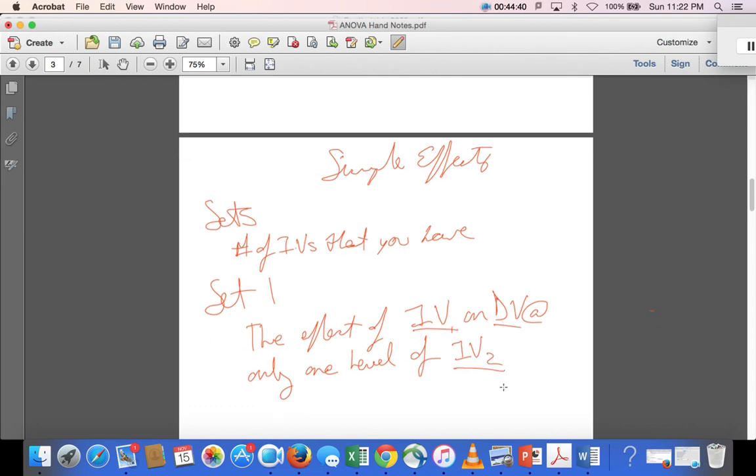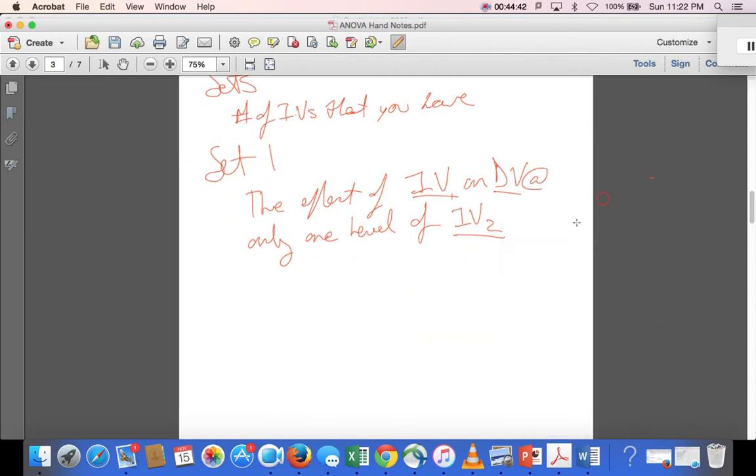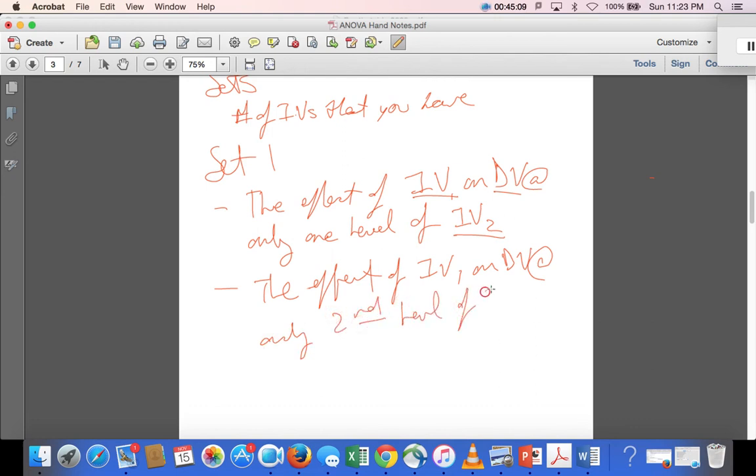So here what I want to do is identify what goes where. Now here, I want to make sure I know what the other level is. So the first set is going to use the first level of the second independent variable. The second simple effect is going to say the effect of IV1 on DV at only the second level of IV2.